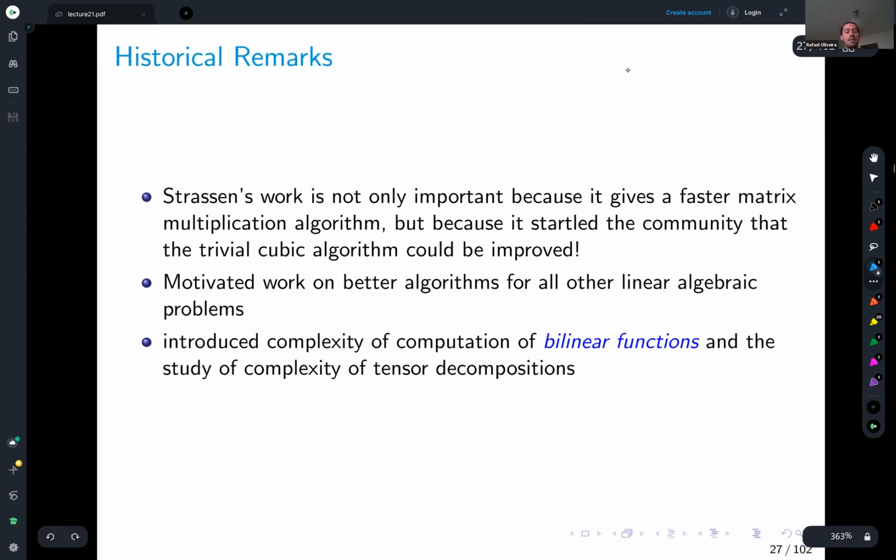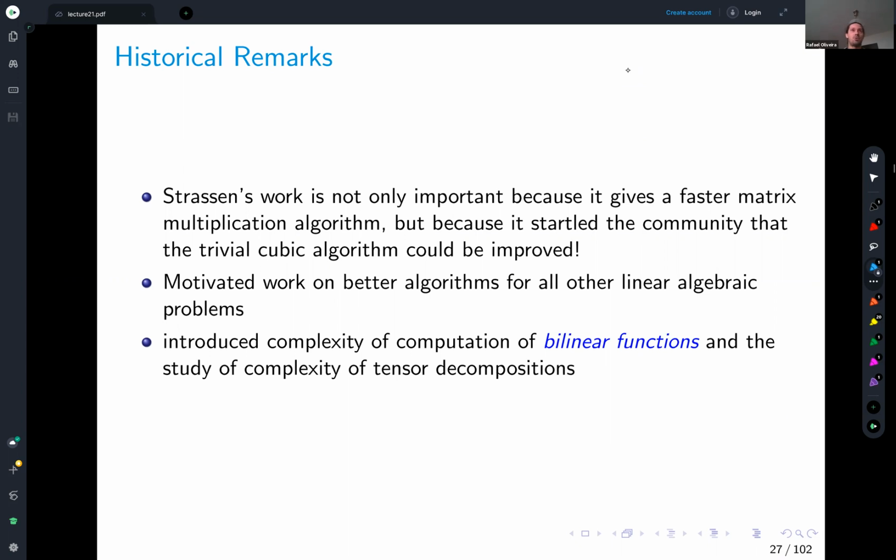Also, the approach to finding better algorithms, and even more general algorithms that could improve on Strassen's algorithm, introduced the complexity of computation of bilinear functions, because the multiplication of two matrices is linear in each matrix. So you can generalize this to computing bilinear functions, and also to the study of the complexity of tensor decompositions.